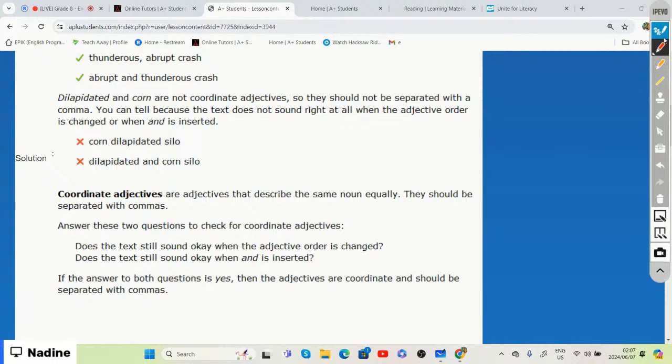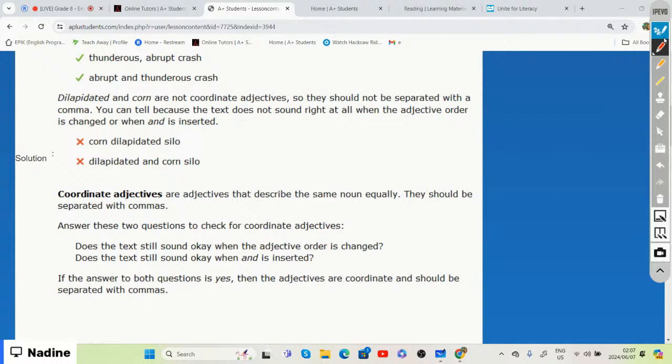If we answer these two questions, we can check for coordinate adjectives. Whenever we want to check coordinate adjectives, we need to ask ourselves these questions. Does the text still sound okay when the adjective order is changed? And does the text still sound okay when "and" is inserted?